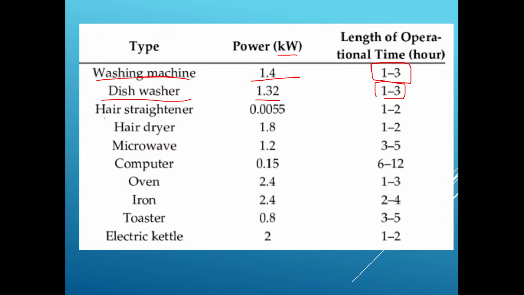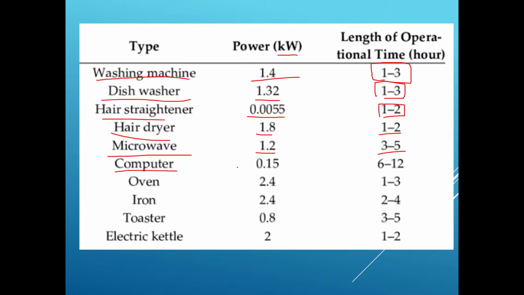A hair straightener is around 0.0055 kilowatts and is operated for 1 to 2 hours. A hair dryer is 1.8 kilowatts and is operated for 1 to 2 hours. A microwave is 1.2 kilowatts and is operated for 3 to 5 hours.